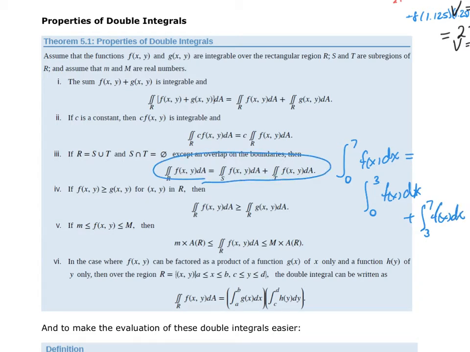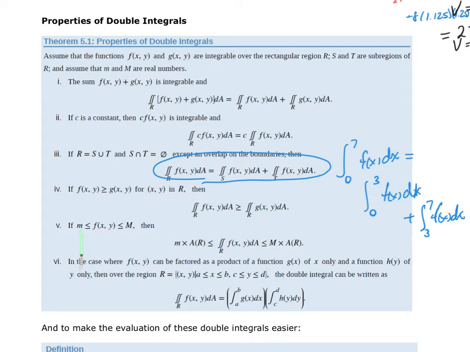So then I also pick up something slightly new: if my function f is greater than my function g for all ordered pairs in R, then its integration will be larger. So the integration of f will be larger than the integration of g.